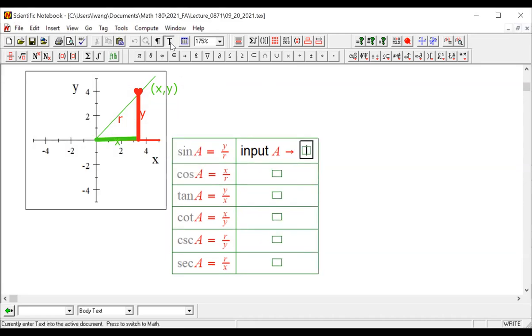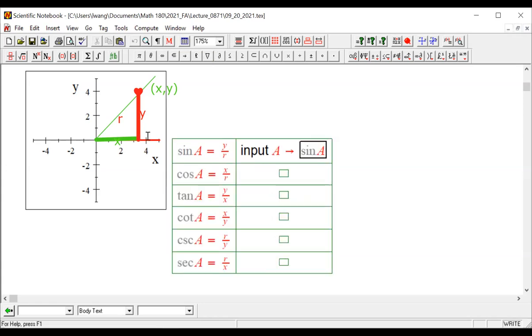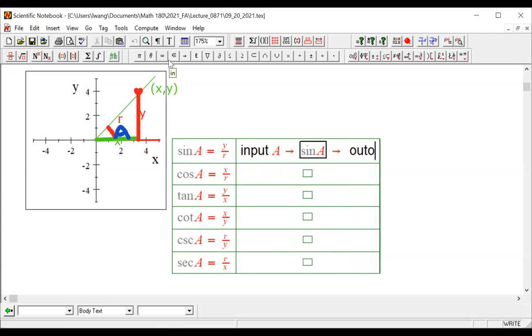Sine of A, this angle is A. Okay, this blue is A. And let's see what's the output. The output is a ratio.